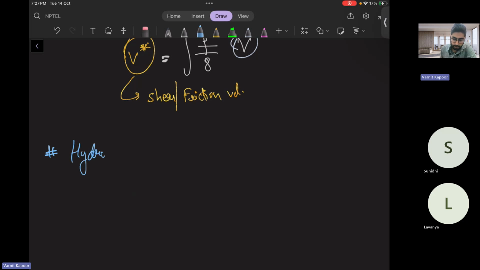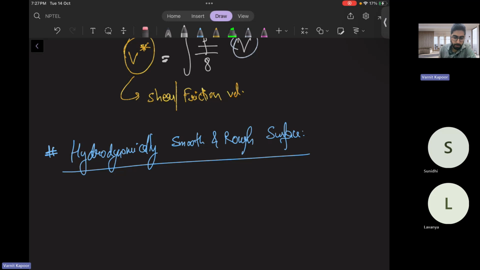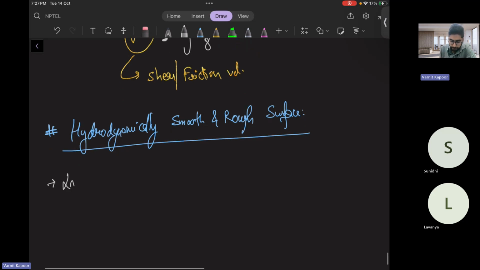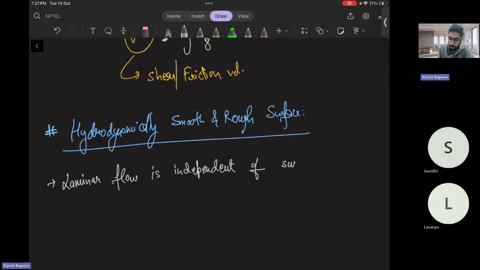Hydrodynamically smooth and rough surface. So laminar flow is independent of surface roughness.